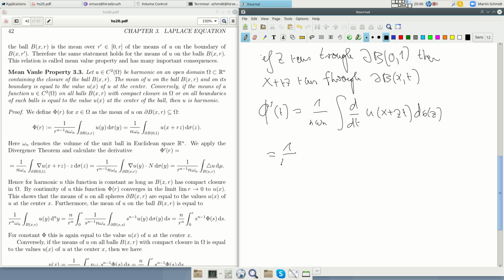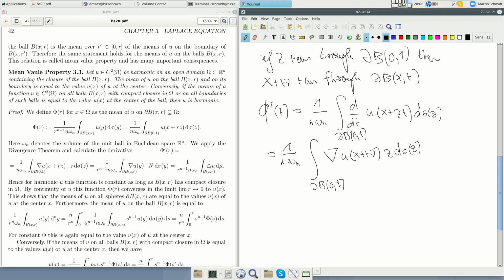This is 1 over n omega n integral, so it's the gradient of u, that's the outer derivative, and the inner derivative is just z. Gradient u of x plus r times z, times z, d sigma of z. And this was over the boundary of the unit ball.